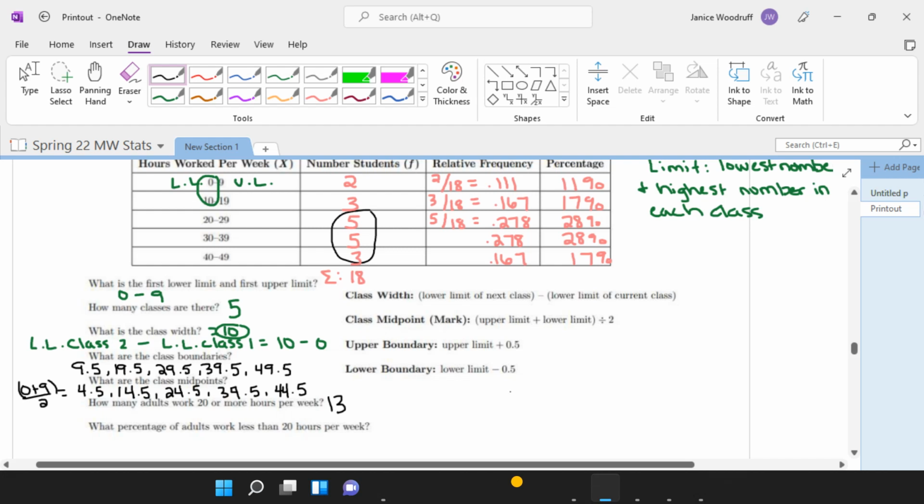What percentage of adults work less than 20 hours per week? You have 5, or you could take these percents, right? Yeah, 11 plus 17, 28%.